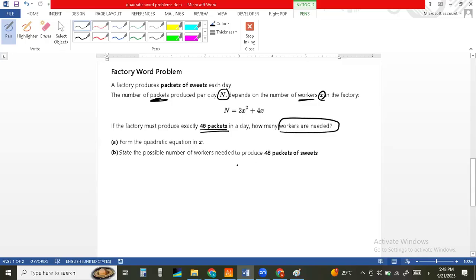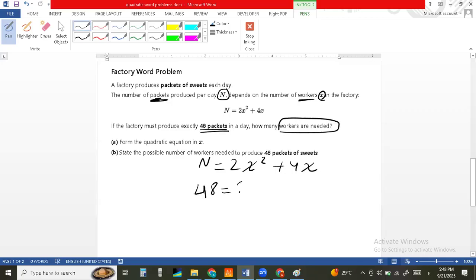Let's do this. N is 48 packets. They said if the factory must produce exactly 48 packets. So I'm going to take N equals 2x² plus 4x. They want how many workers are needed, and the number of workers is x. So they want the value of x when N is 48.